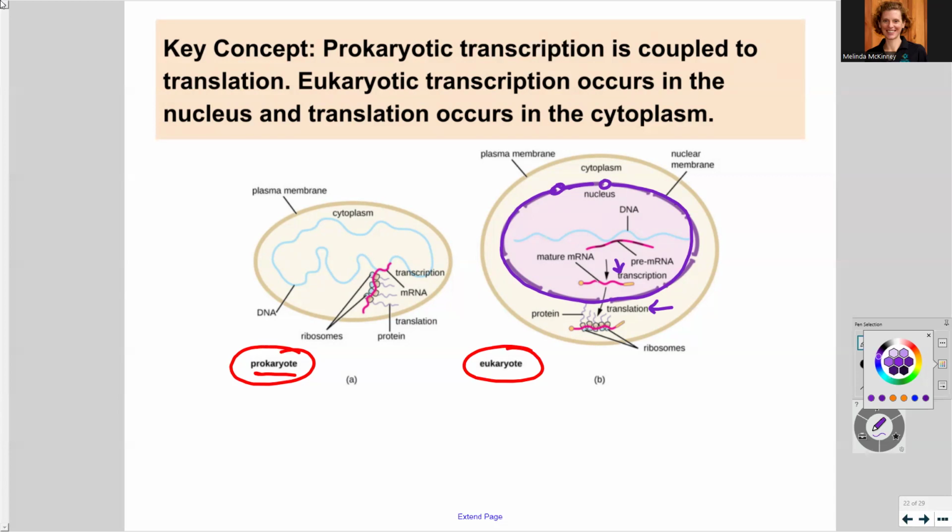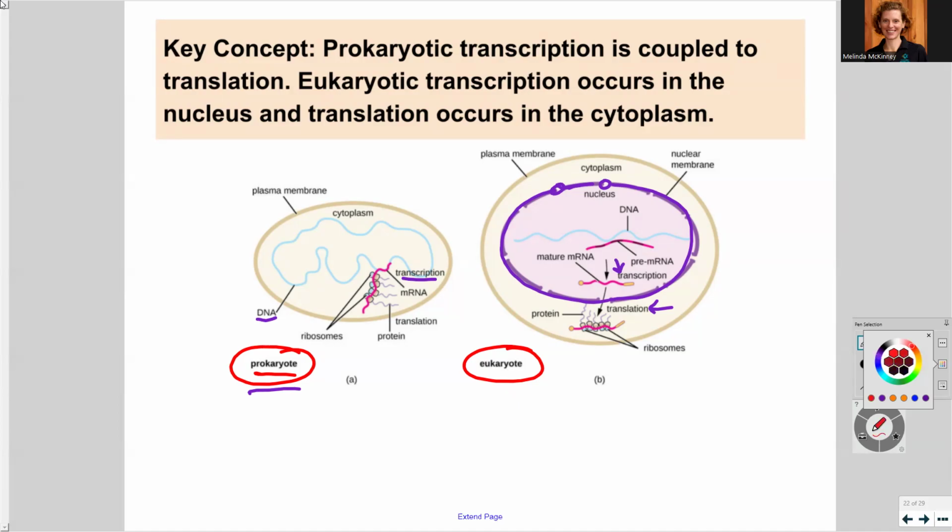Whereas in a prokaryote, so over here, you've got them all occurring basically continuously. So you have your DNA, which is the blue circular DNA here. Here's my DNA. The process of transcription, you're taking the DNA and making the messenger RNA.